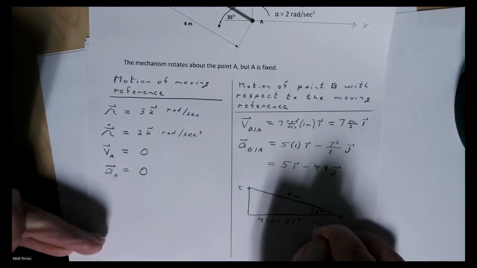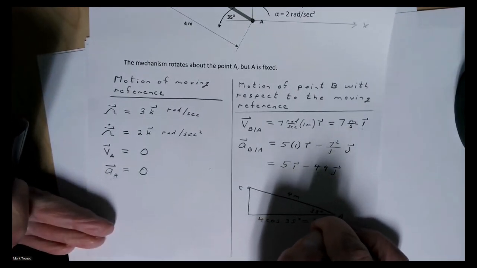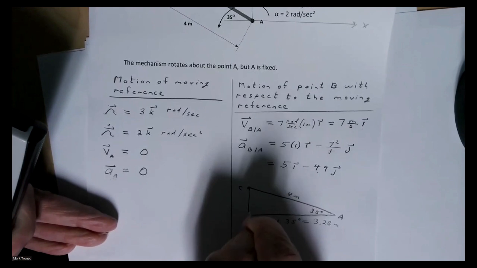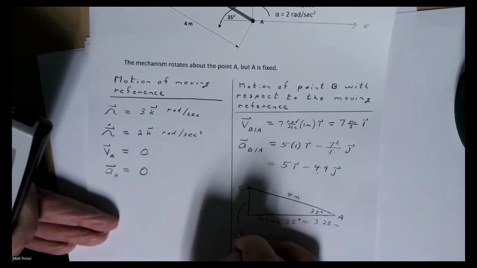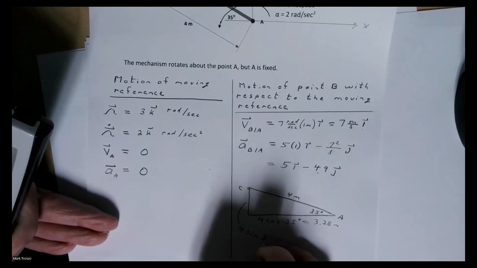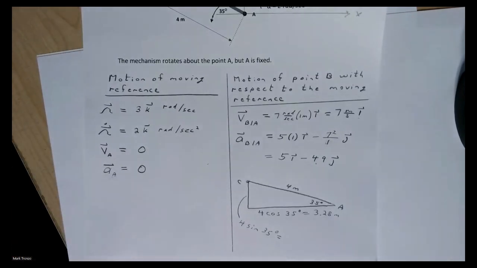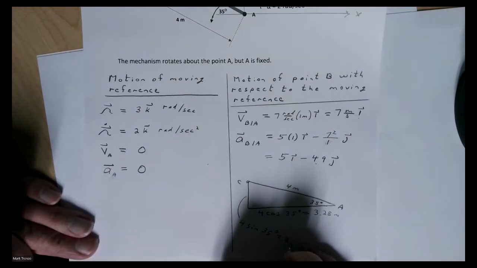And when you put it in your calculator, I got 3.28 meters. And then this side over here is going to be 4 sine 35 degrees, which is 2.29 meters.